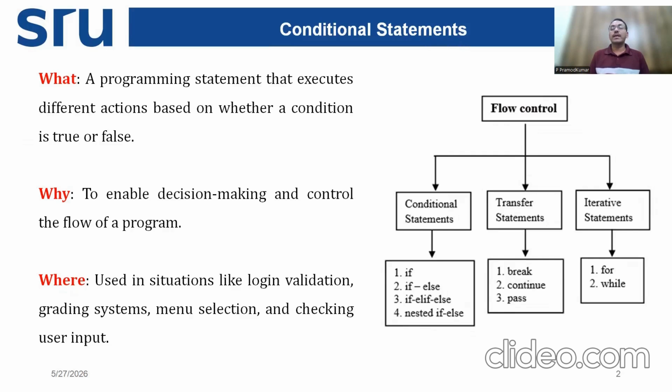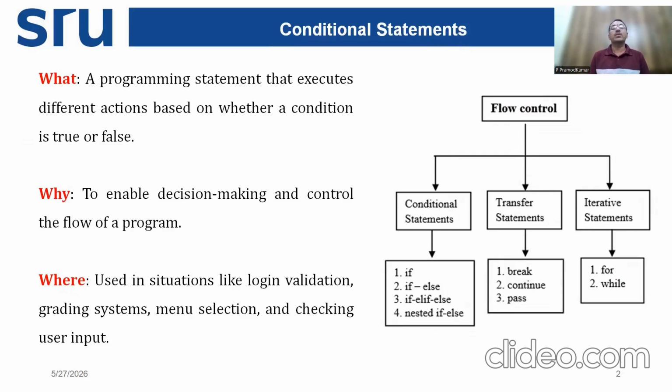Under the second category, we have 3: break, continue, and pass. Under the third category, we have 2: one is for, the other is while. So these are the different kinds of flow control statements in Python. In this lecture, we are going to specifically discuss only conditional control statements, that means the if else ladder and the nested if else.